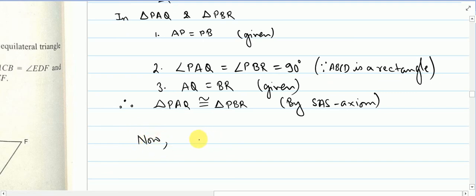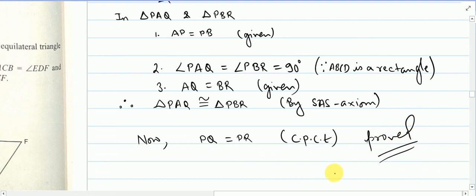Now PQ equal to PR, and the reason is CPCT, corresponding parts of congruent triangles. Proved. Okay, so this is all for today. In the next class we'll see few more questions. Okay.